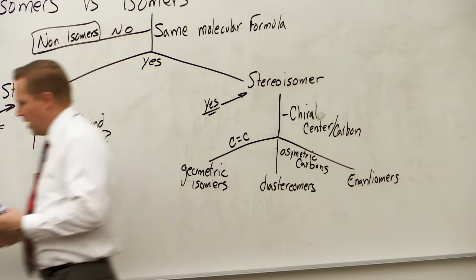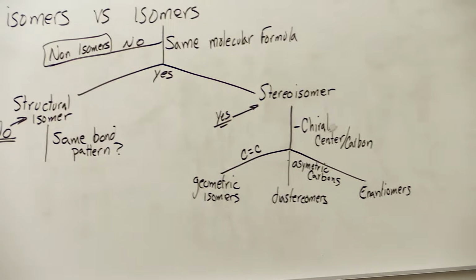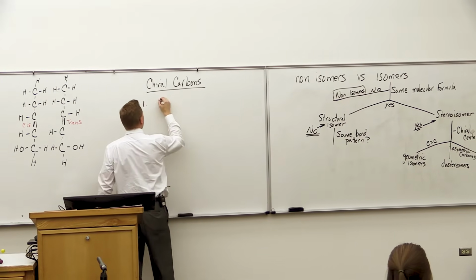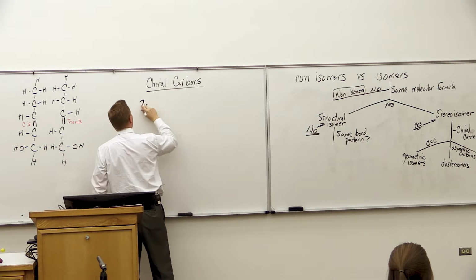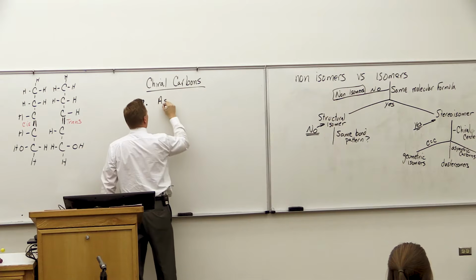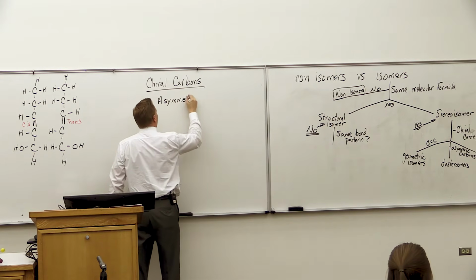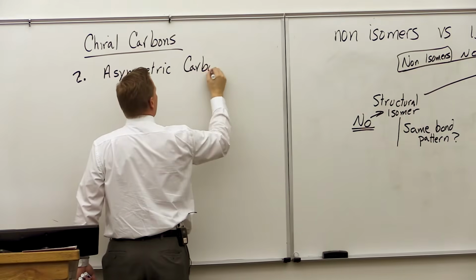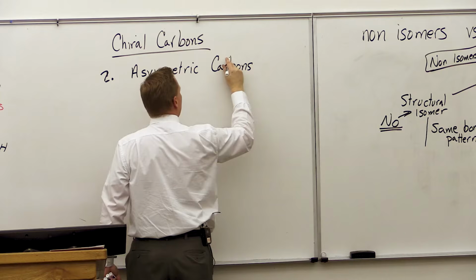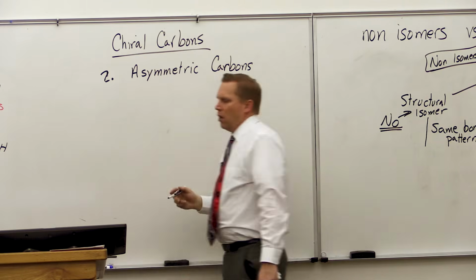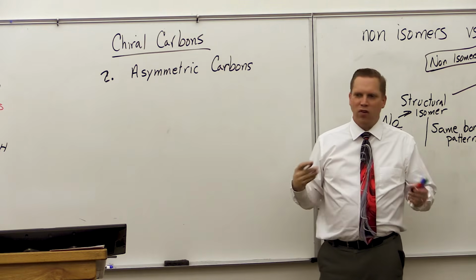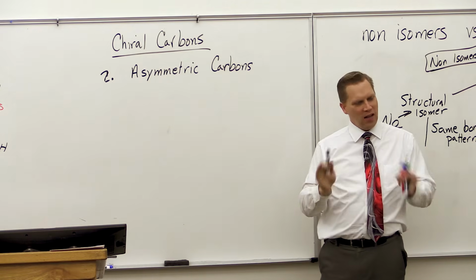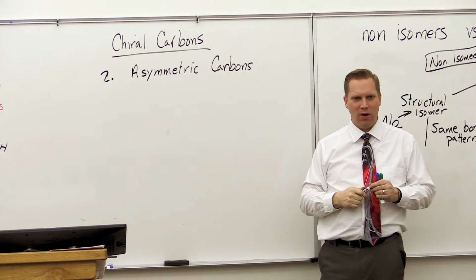And that's the second type of chiral center that we see, or chiral carbon. So now we'll do number 2. Asymmetric carbons. I find that double bond carbons are usually fairly easy for Bio 180 students to grasp. Asymmetric carbons get a little bit harder.